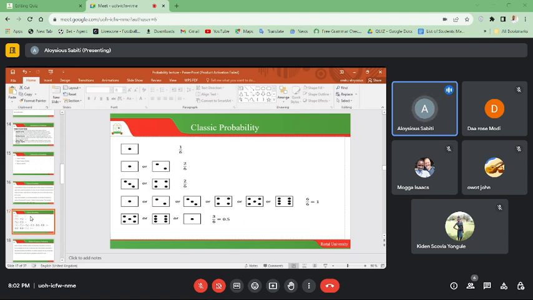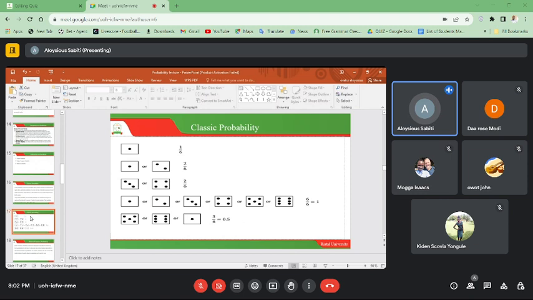But also, what is the probability of either getting a one or getting a two? Because there are two events here that are occurring, the probability will be 2 out of 6, because you either get a one or you get a two.